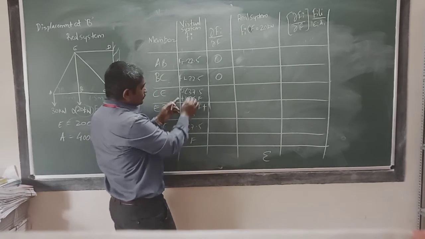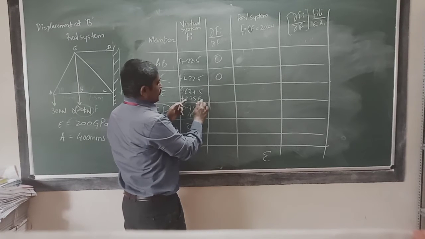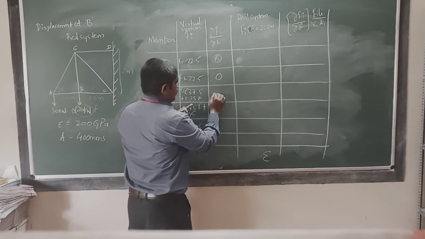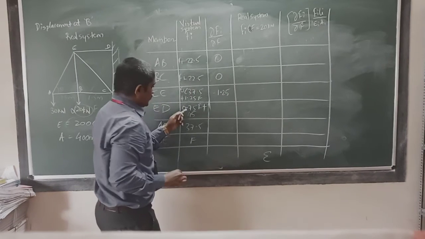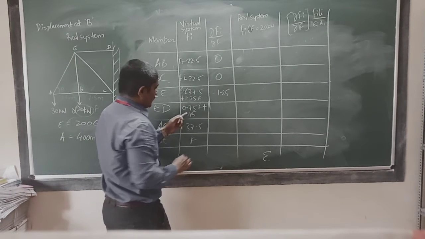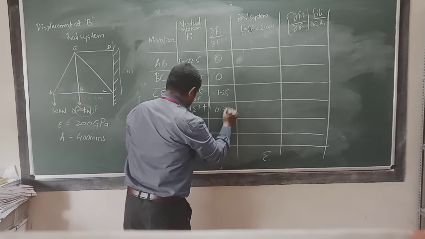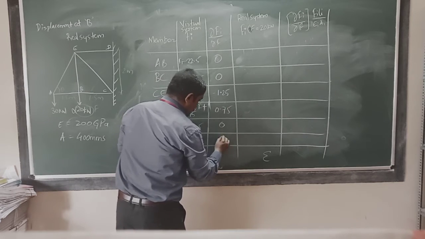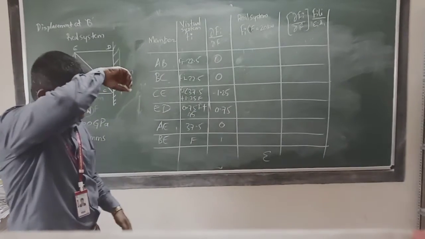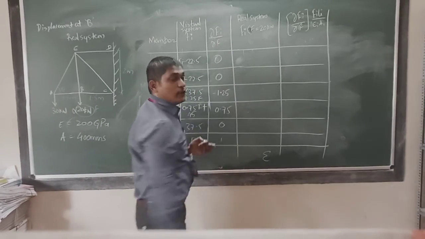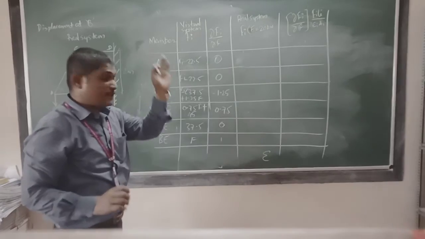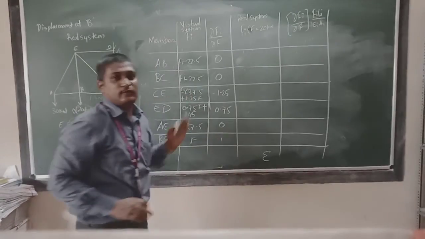So here 37.5 plus 1.25 F will become minus 1.25. This 0.75 F plus 45 will become 0.75. This will become 0. This will become 1. Okay, now from the equation we have got dou Fi divided by dou F already. From the deflection equation, we have already solved this one part of that.